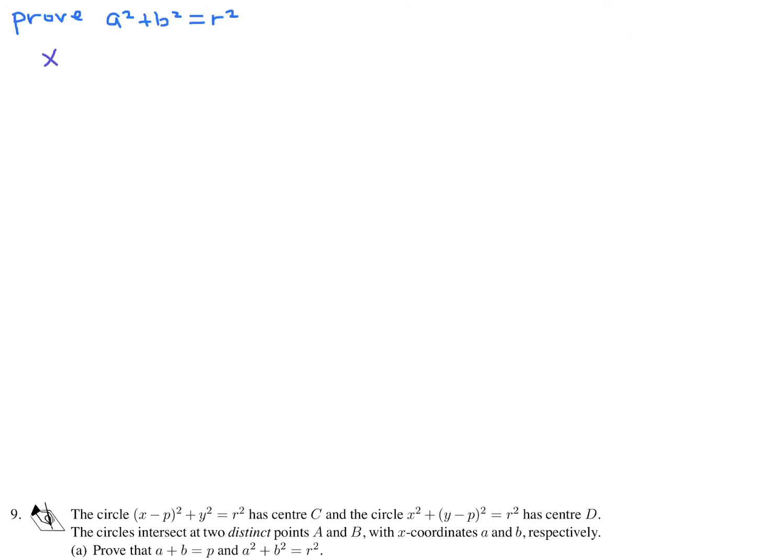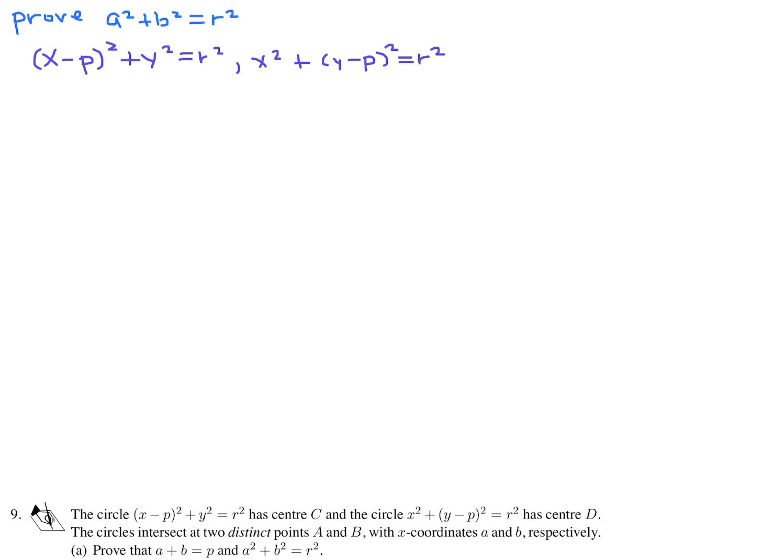So the first thing is our equations that we are given in the question: (x − p)² + y² = r². That's the first equation. And the second equation, of course, is x² + (y − p)² = r². Correct?